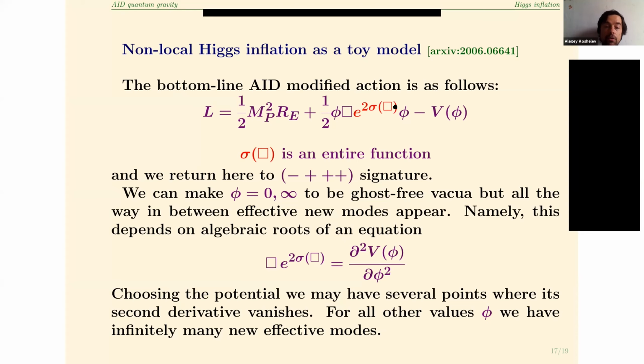because the condition that there are no ghosts at all means that this particular equation, being solved with respect to box, has just one solution. And if you look to this particular equation, which is written here, this is generically possible if right-hand side is 0. And you can do it in some certain points, in some discrete several points, but not everywhere.